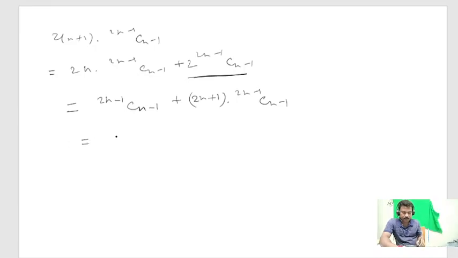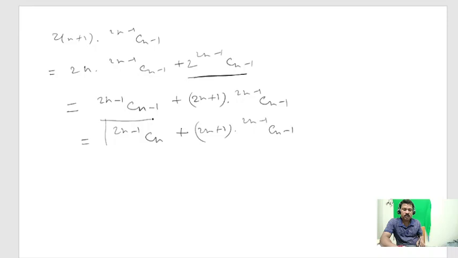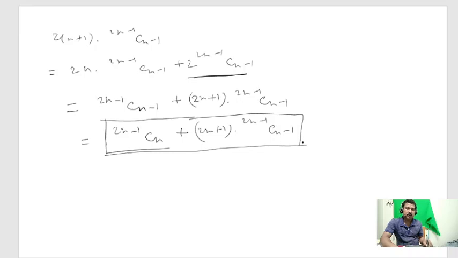We get here, we may write this as 2n Cn or 2n plus 1 times 2n minus 1 C n minus 1. This is the other option. So this is a multiple-option-correct type question.